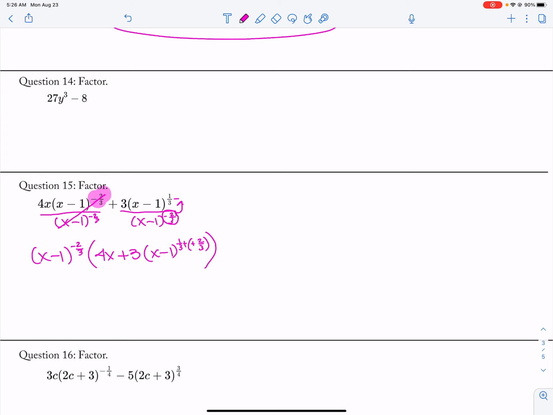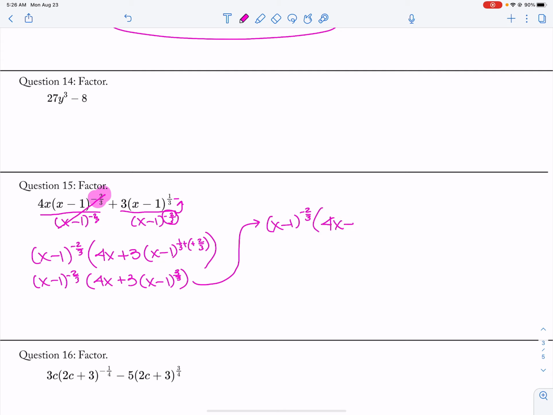So two negatives make a positive. So really what I have is x minus 1 to the -2/3. And I have 4x plus 3 times x minus 1 to the 3/3, which is just x minus 1 to the first power. So I get x minus 1 to the -2/3, and I have my 4x plus 3 times x minus 1.